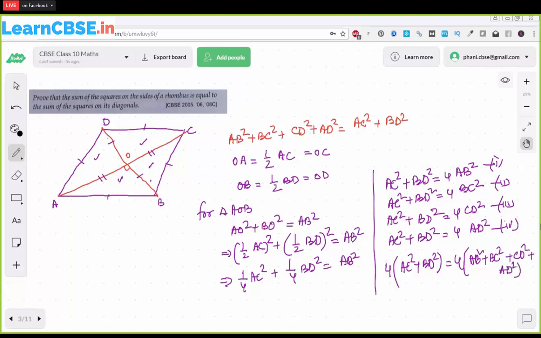The 4 gets cancelled. So you are getting AC square plus BD square equals AB square plus BC square plus CD square plus AD square. So that's what actually you needed to prove.